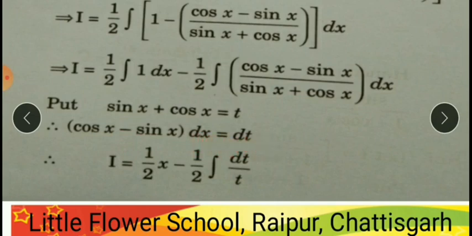Now substitute here cos x minus sin x dx is equal to dt in this expression. See, the numerator is cos x minus sin x dx which is dt and the denominator is t. That's why it becomes I is equal to 1 upon 2 integration 1 dx minus 1 upon 2 integration dt upon t.